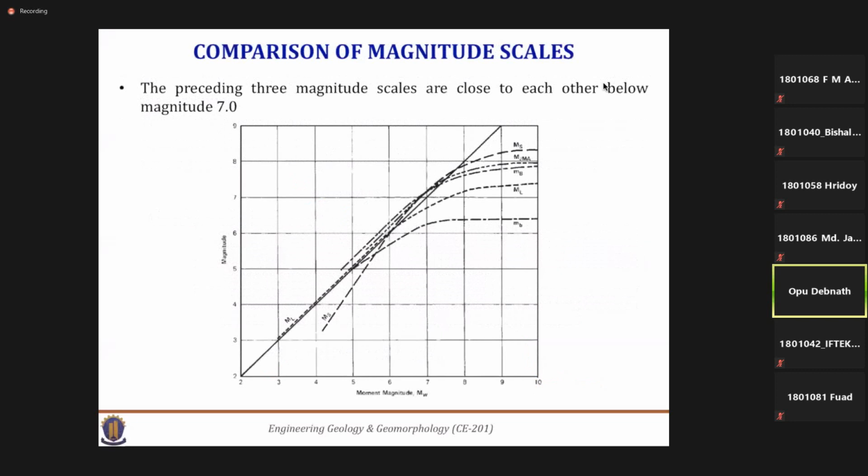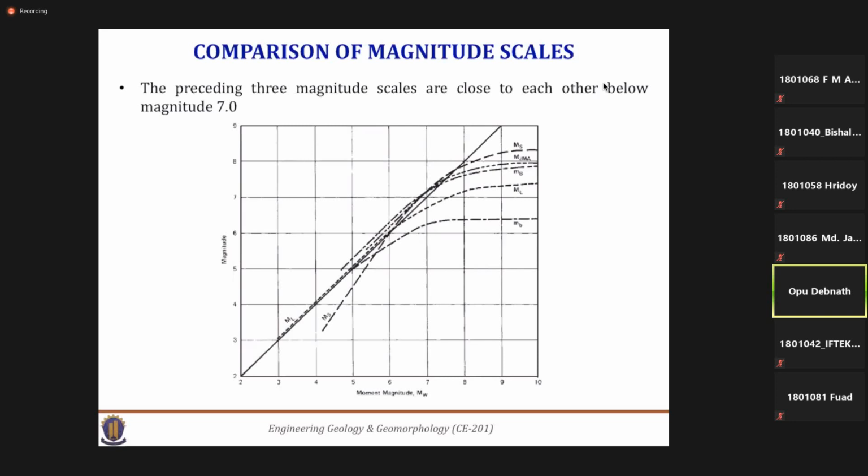If we place all these scales in a single graph, what will happen? In some cases geologists or earthquake engineers take the average of all three scales, but consider all those scales.